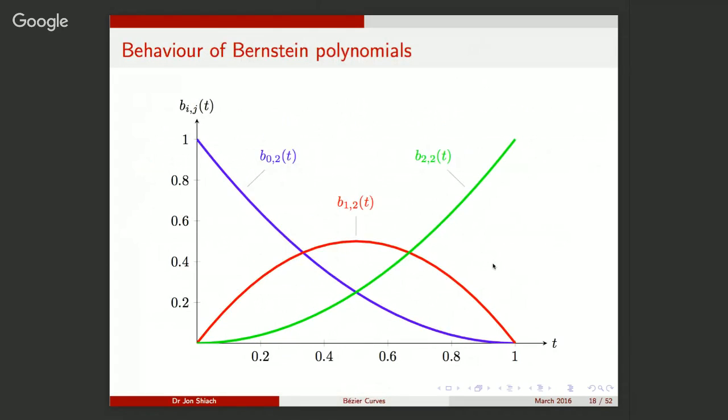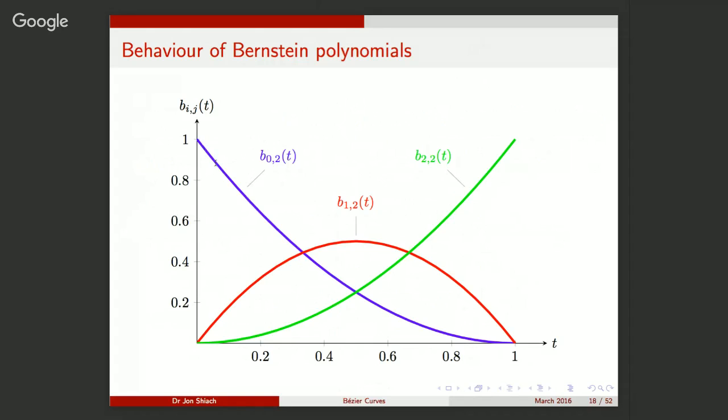And here are the Bernstein polynomials. This is for a quadratic, so we've got 3. Along the bottom, the horizontal axis, that's my t-axis, so that goes between 0 and 1. The vertical axis is the value of that Bernstein polynomial for different values of t. And you notice it maxes out at 1.